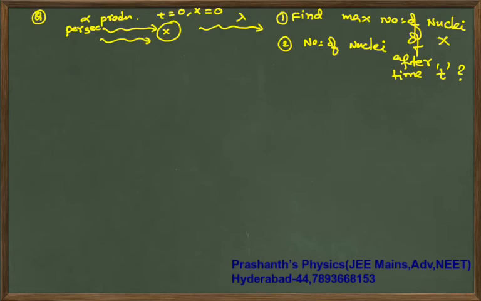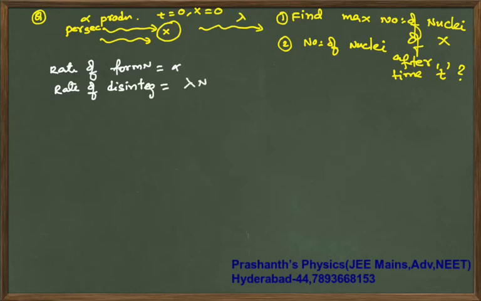Now, your answer to the first bit: the rate of formation is alpha, and the rate of disintegration is lambda into n. The number of nuclei of X will increase, and the maximum value will occur when alpha is equal to lambda n.